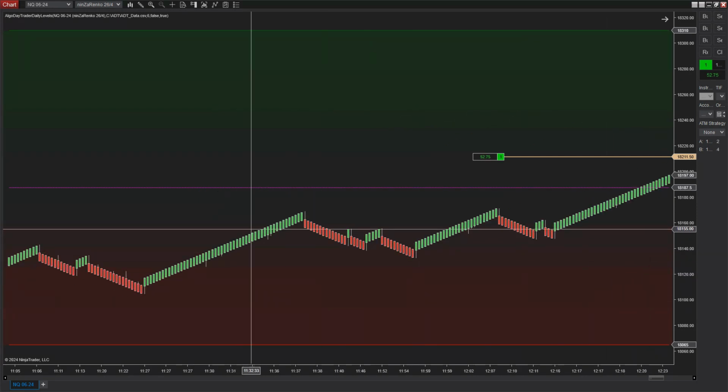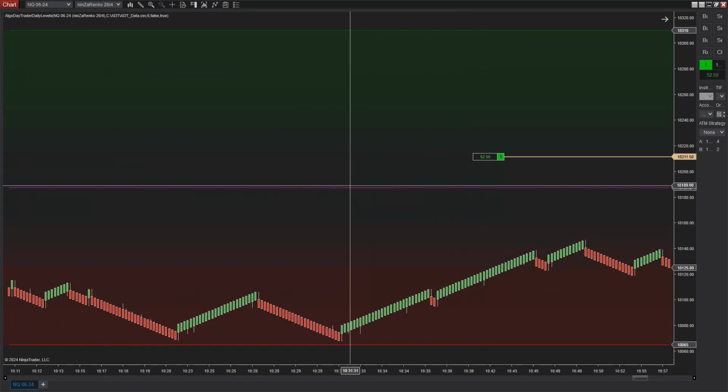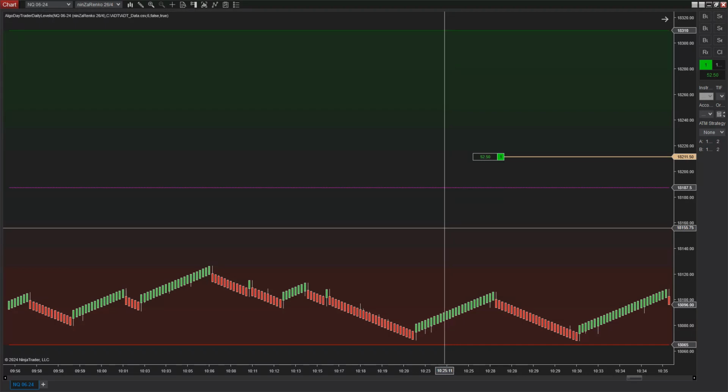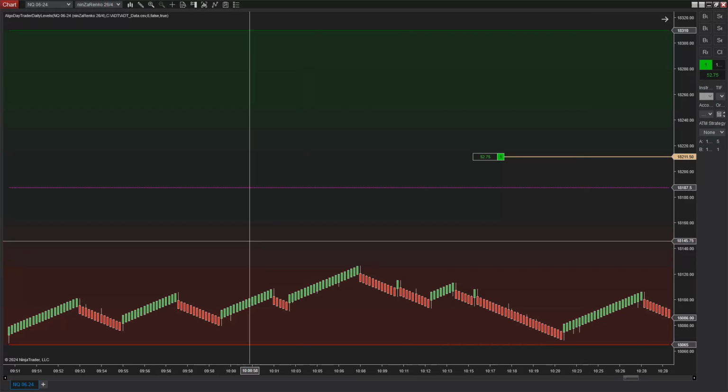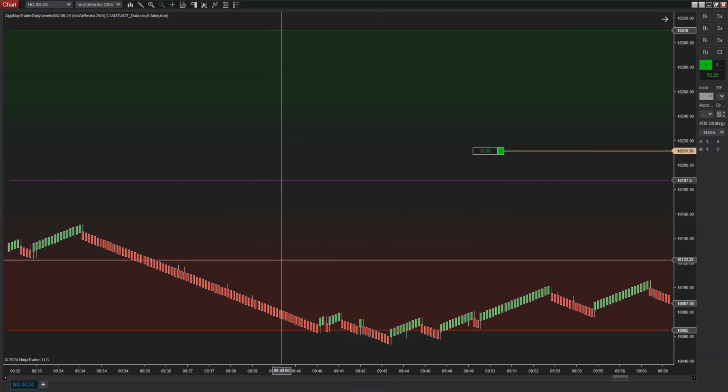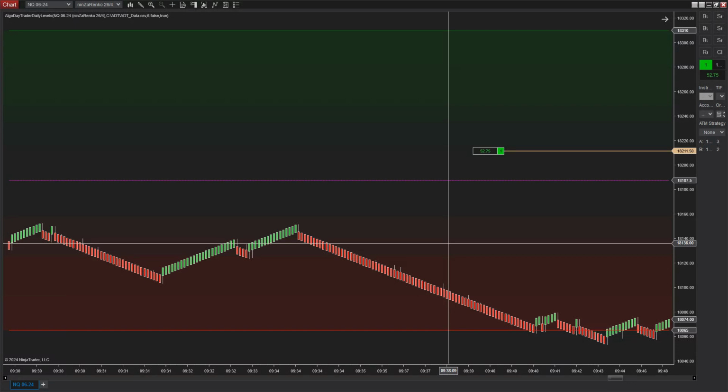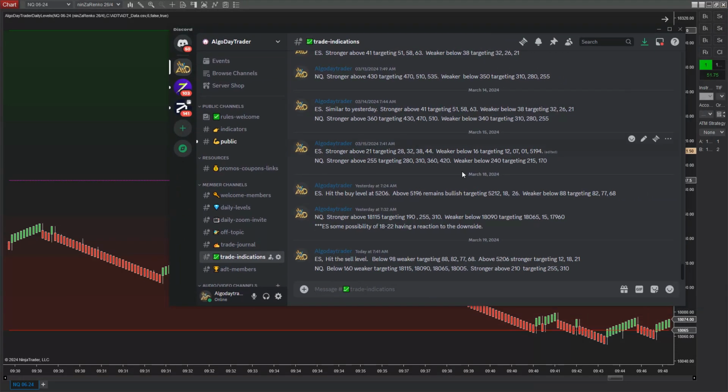But actually earlier, when the US session first opened up, we were targeting 18,065 with the market being below 160. So below 160, and I say it again here in the trade indications for the Nasdaq, we are looking lower toward 115, 18,065, and maybe even 18,005.